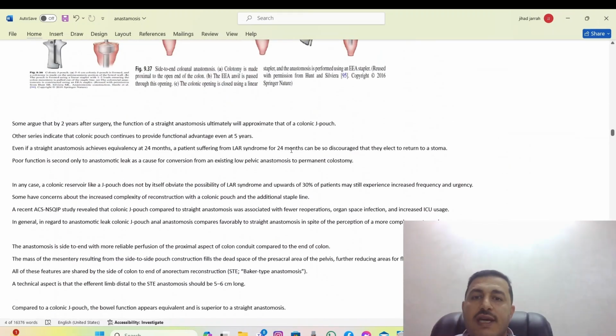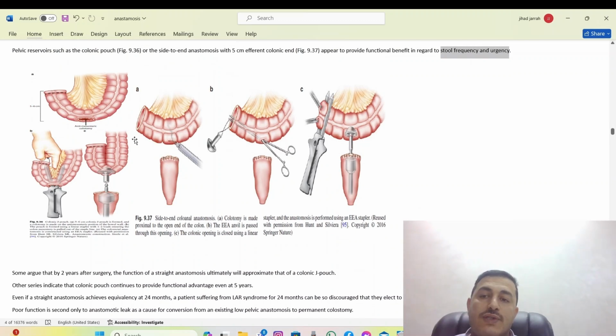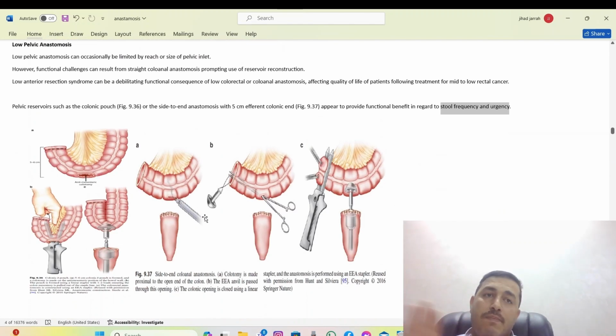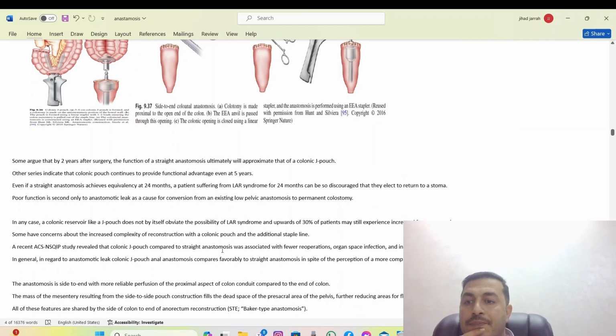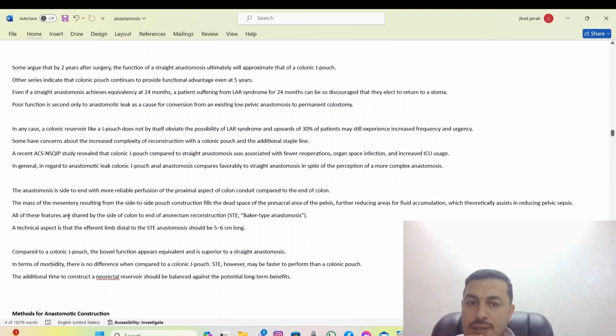Okay, actually here they just show you how important it is to construct a J pouch or side to end anastomosis in the low pelvic anastomosis when we compare it to end-to-end. It's recommended to create a J pouch or side to end anastomosis regarding everything.